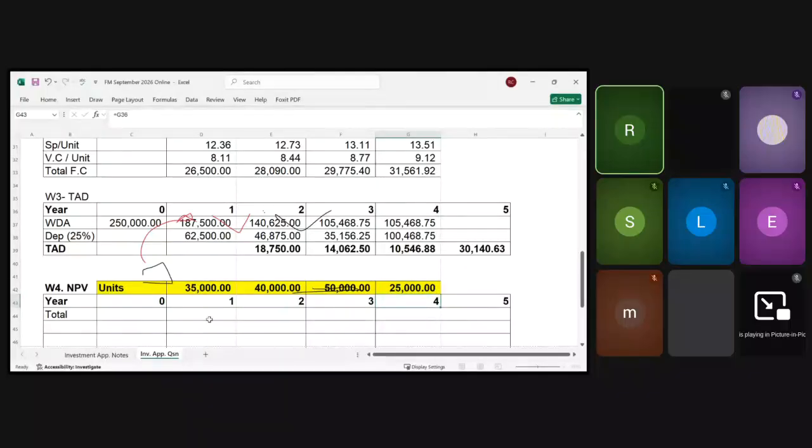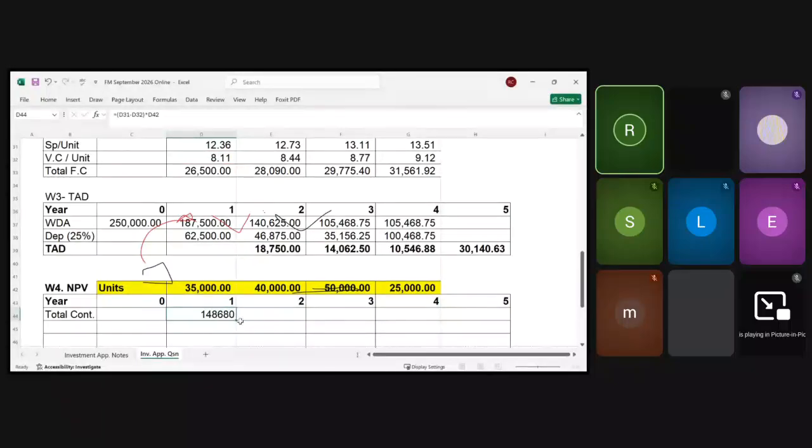25,000. I'm going to start off by calculating total contribution, which is wiser and faster that way, where I'm going to have equals, open bracket, my selling price per unit for year 1 minus my variable cost per unit year 1, times the units for year 1. If I can do that, my items are aligned, right?